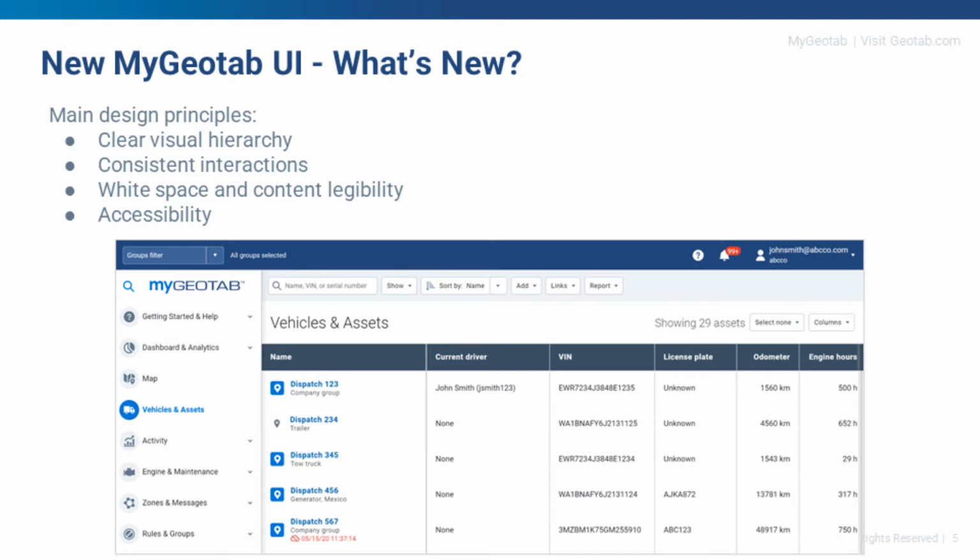And then finally, accessibility was a big part of the UI refresh as well. And we wanted to give all of our users the same consistent experience across the platform. So our color palette is much more accessible now. As you highlight over some of the options, you'll be able to tell that you're in that particular section as those buttons are highlighted, which is a different color than they originally are.